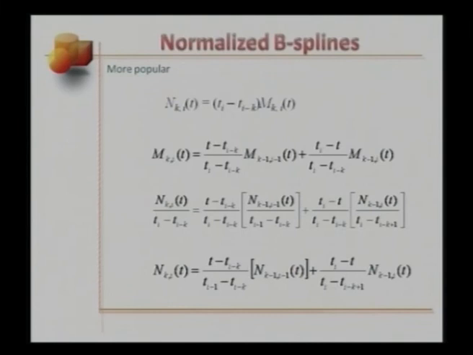Now, I find it personally a little difficult to remember this expression. If you can, it's wonderful. Just that I find it a little difficult. I find it more convenient to remember this expression here and to compute normalized basis spline n_ki. All I do is multiply m_ki by t_i minus t_(i-k).